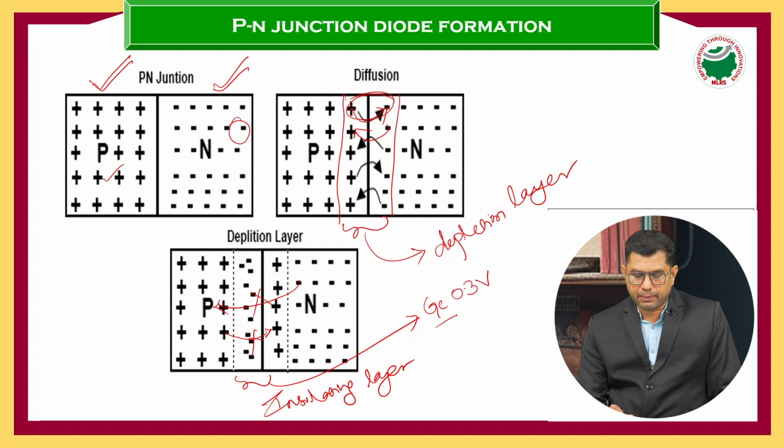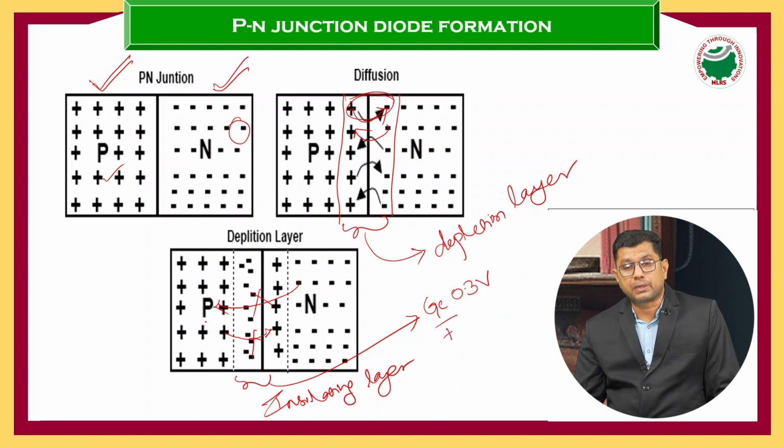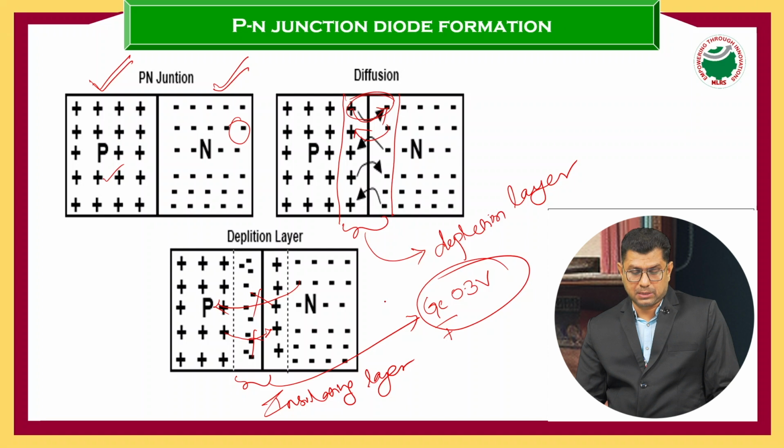What does germanium mean here? Germanium doped with a trivalent impurity gives a p-type semiconductor, and doped with a pentavalent impurity gives an n-type semiconductor. In that p-n junction diode, the barrier potential is 0.3 volts.